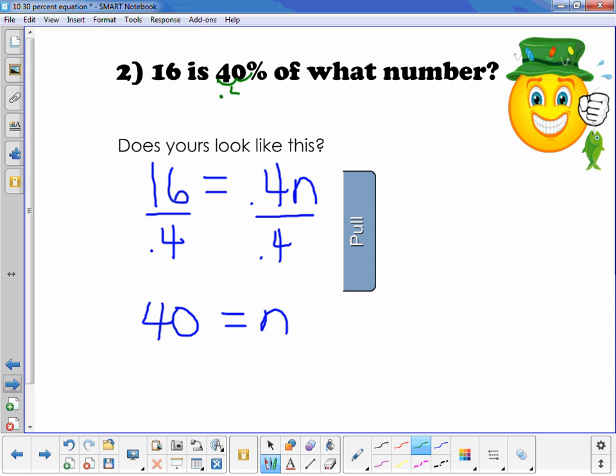So we have the 0.40, the is becomes equal, the 16, the of what number? We can use n or x. In this case, we used n. So now we see 16 equals 0.4n. Divide by 0.4, and you get 40. So we do the 0.4 into the 16, move the decimal over. 4 goes into 16 4 times, and we have a 0 there.